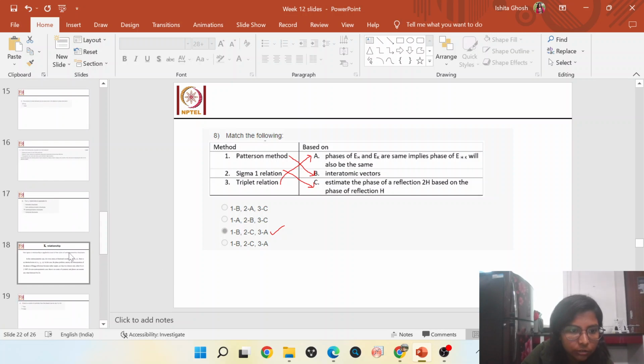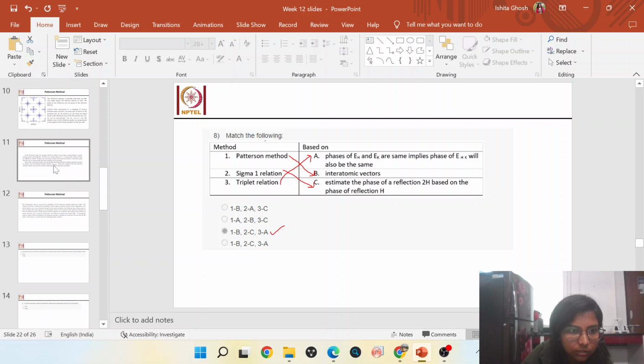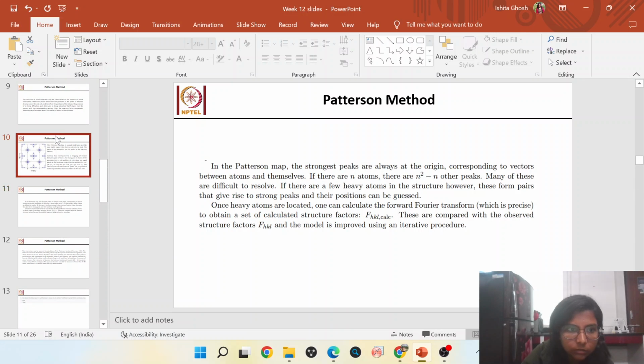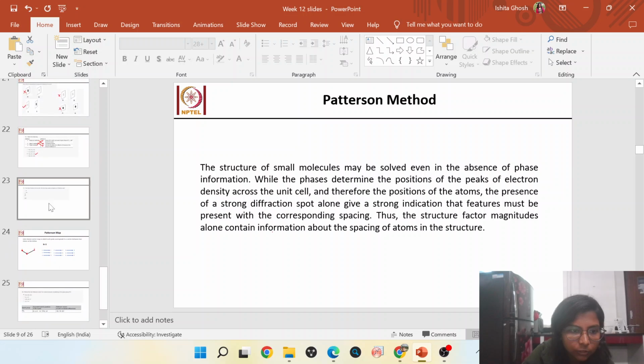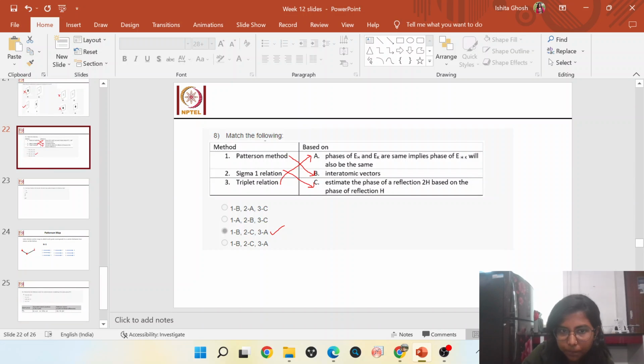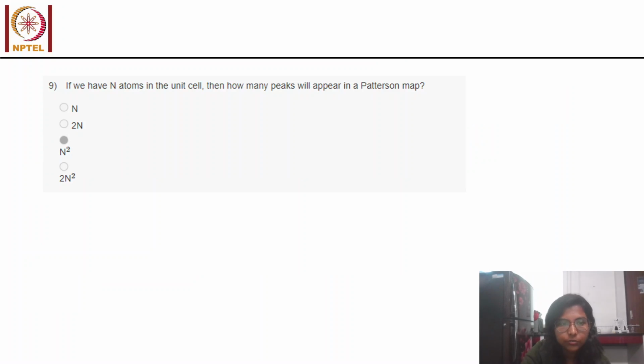Did I cover all the slides? Right. So then we have the next question. If we have n atoms in the unit cell, then how many peaks will appear in the Patterson map?